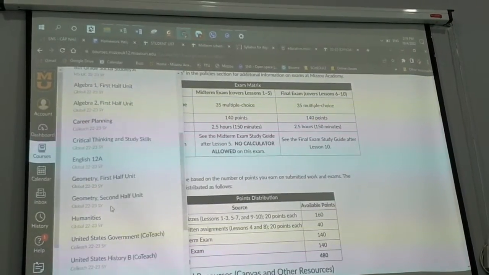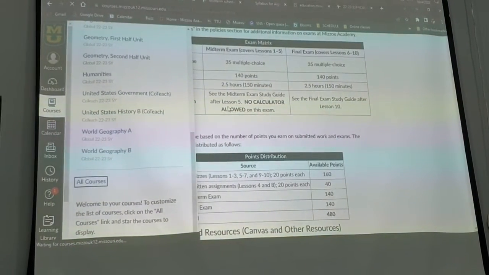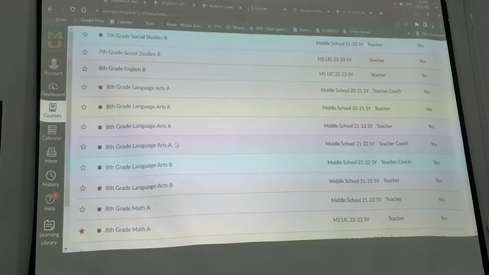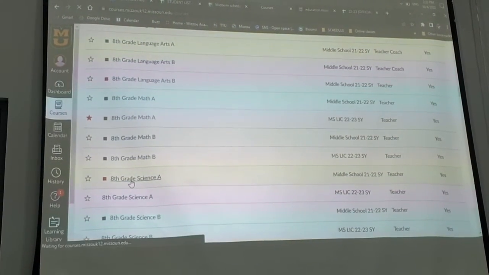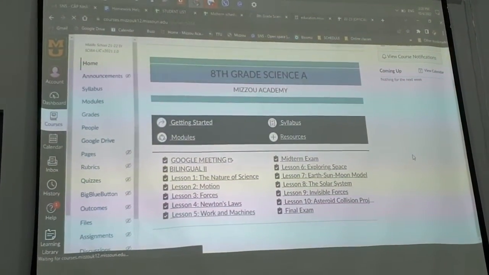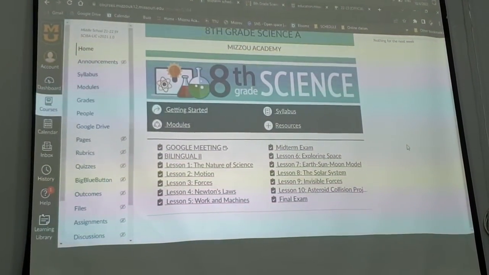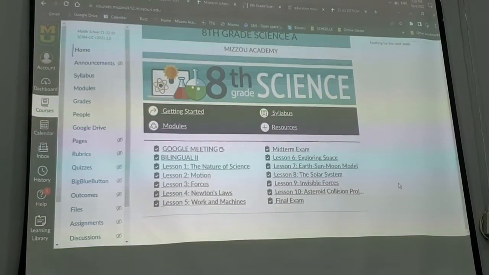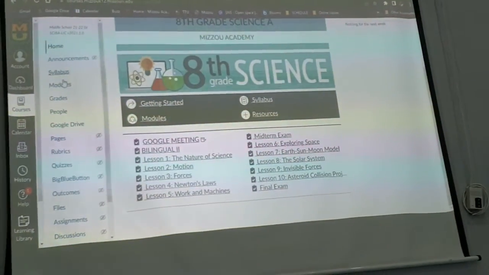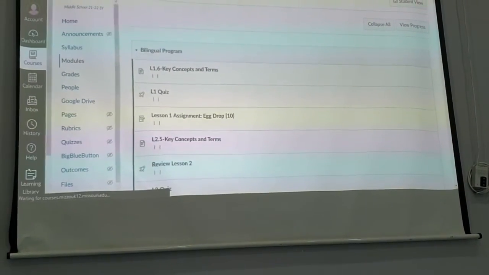Both. Could you go in and see maybe what does it mean for the solar system, lesson 8 or lesson 6, any one of them?